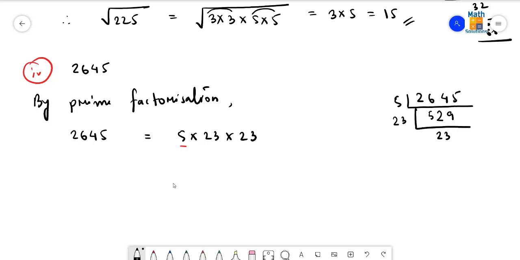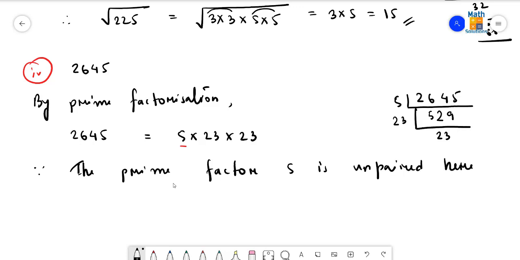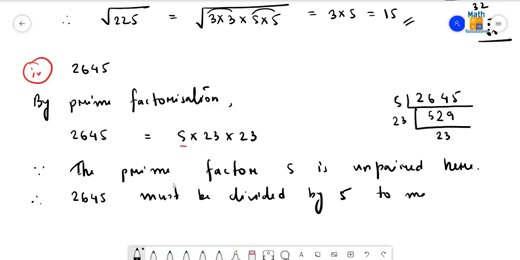So what I'm going to write is, since the prime factor 5 is unpaired here, therefore 2645 must be divided by 5 to make it a perfect square.